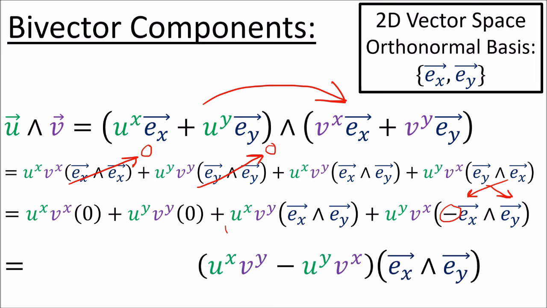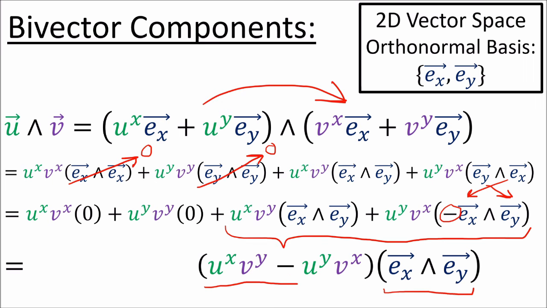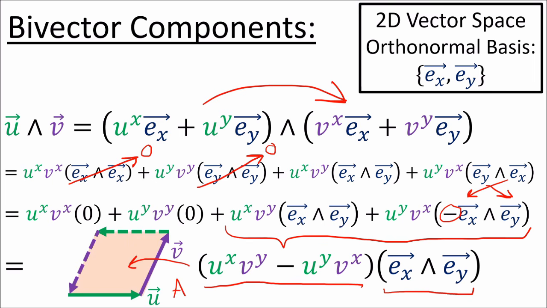So we find that u wedge v has only one component with the basis bivector ex wedge ey, and the component is ux vy minus uy vx, which is the formula for the area of a parallelogram using vector components.